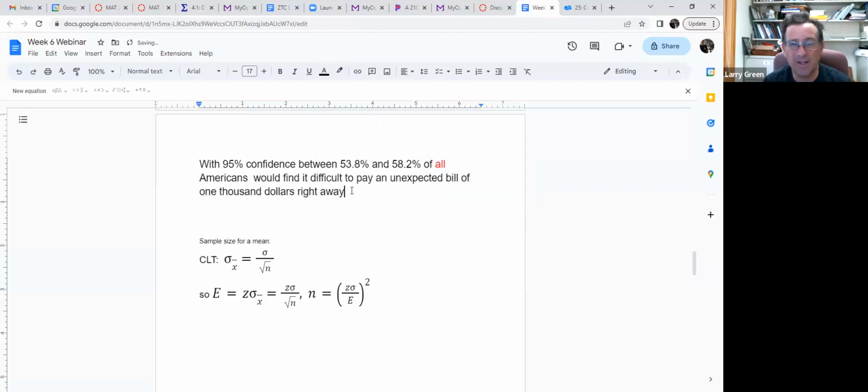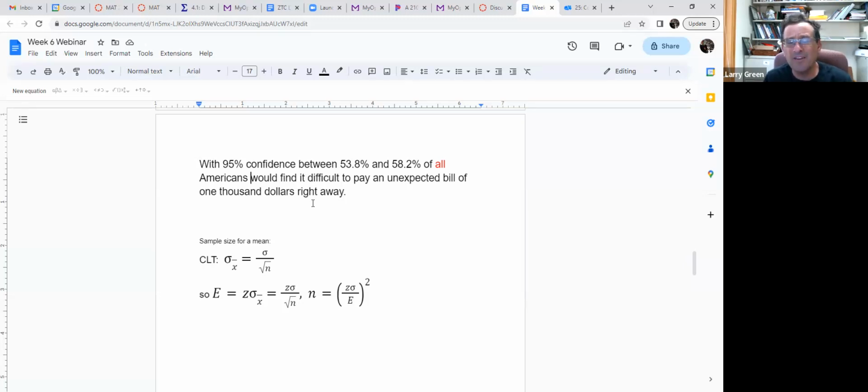So with 95% confidence between 53.8% and 58.2% of all Americans would find it difficult to pay an unexpected bill of $1,000 right away. Any questions? Any questions on getting this confidence interval and interpreting the confidence interval?